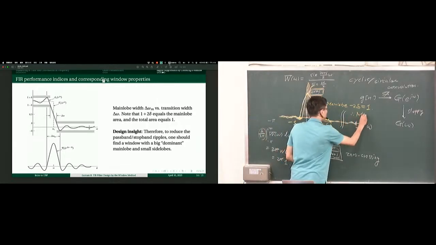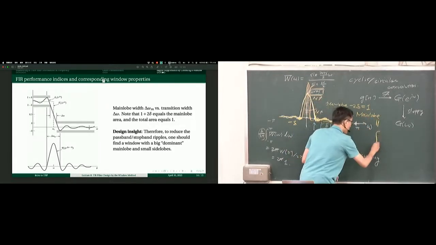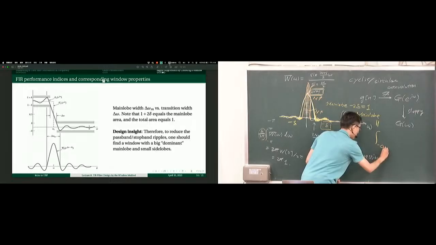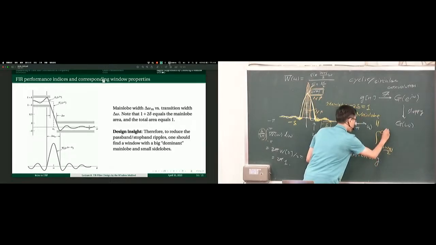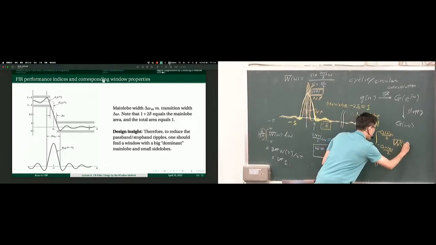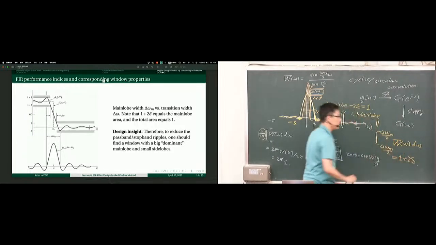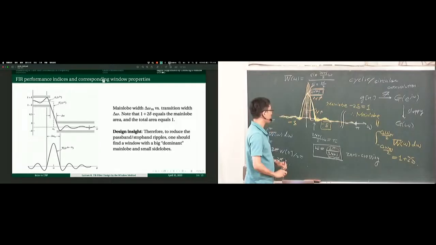So the main lobe area is the integral from minus half of the width to plus half of the width, and that should equal 1 plus 2 delta. And this delta has something to do with that.